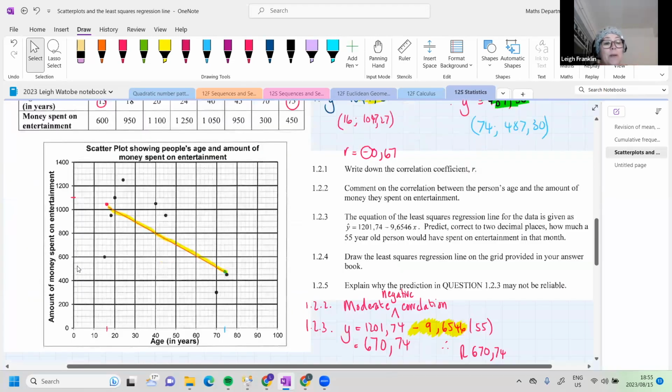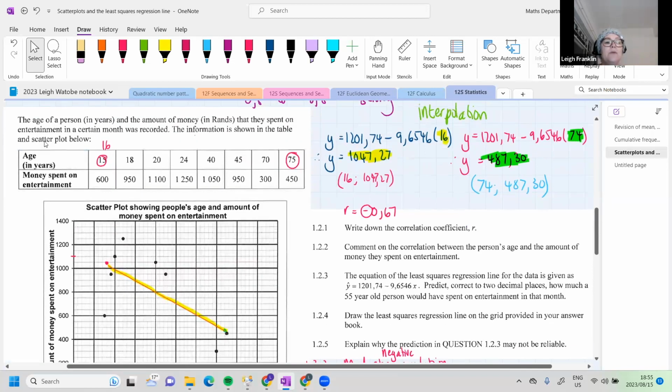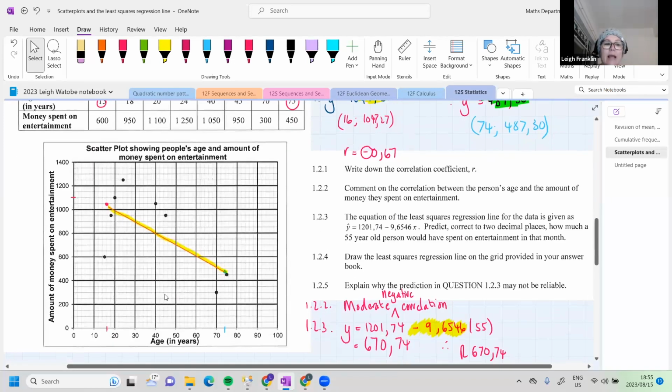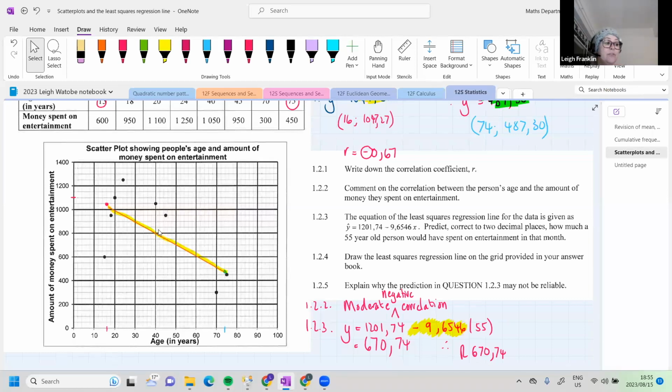Whereas here, it's completely different data. They're comparing someone's age with the amount of money that they spend on entertainment. So we would expect people that are younger, like in their late teens, to spend more. Obviously you guys are still at school, you may not have a job yet because you're worried about passing matric. But when you go to university, when you first start working, you're going to be spending more money on entertainment than your parents are. Once you get older and you have children, you're going to be at home more.